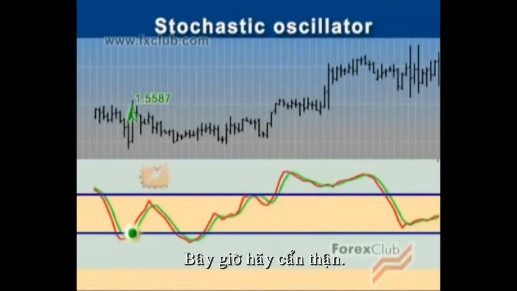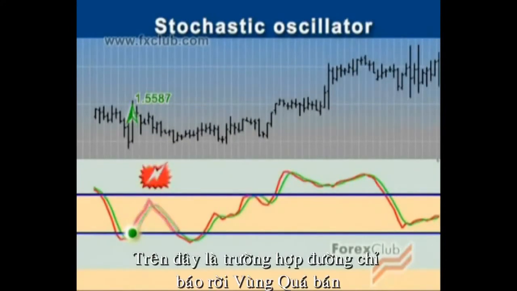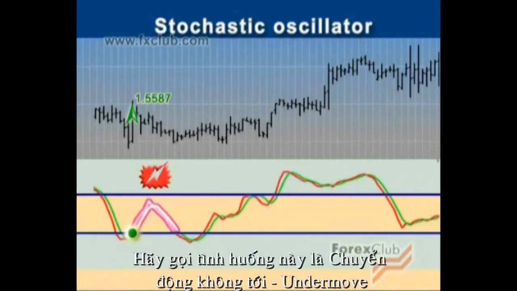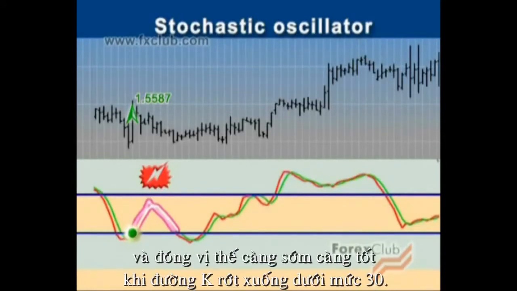Careful now, here the indicator left the oversold zone, but it didn't reach the overbought zone and it fell back. Let's call this situation an undermove and close the position as soon as line K falls below 30.